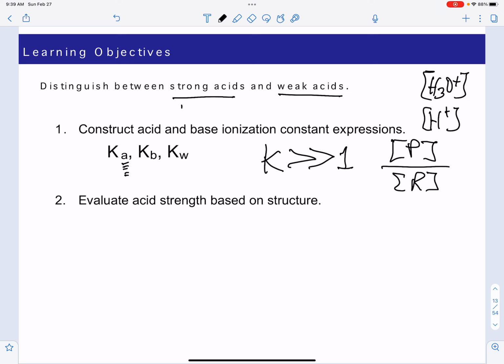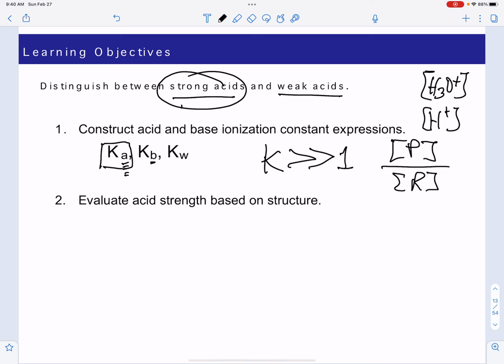So we're going to be talking in terms of equilibrium constant. A really big number for the equilibrium constant is probably an indication of a strong acid. A really small number like 10 to the minus 2, 10 to the minus 3, we're talking now weak acids.